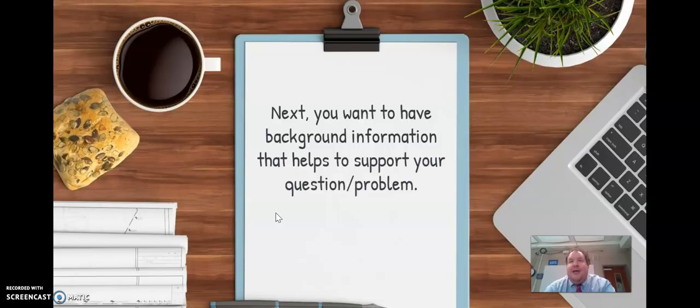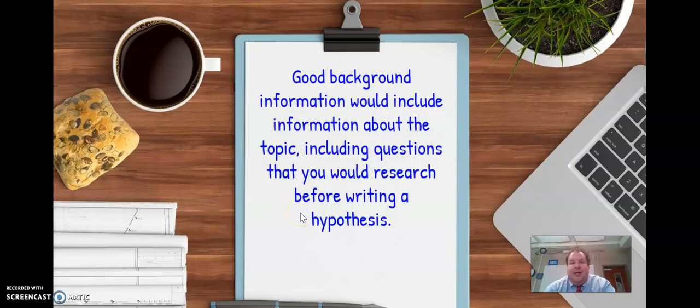And then in that same design section, you want to have background information that helps to support your question or problem. And good background information is going to include information about the topic, including questions that you would research before you write that hypothesis.